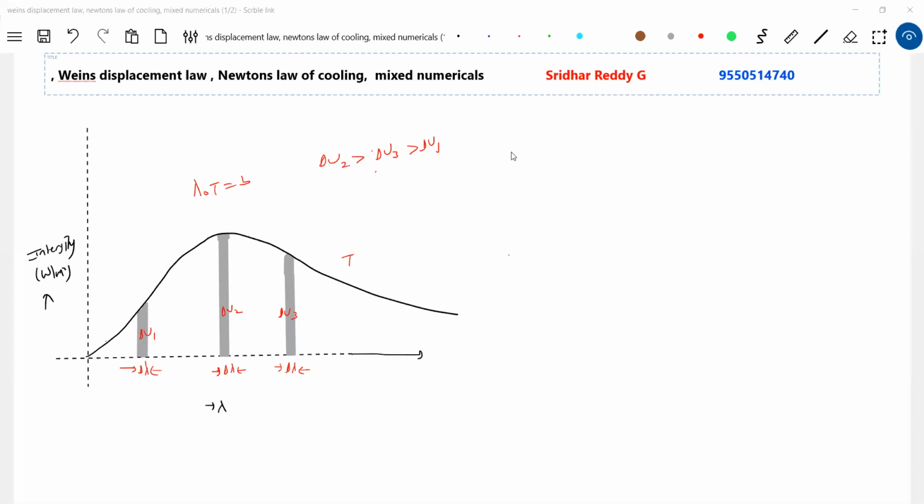If you consider an equal width delta lambda, then the region corresponding to the wavelength of maximum intensity will possess more energy because the area under the curve will be more. So for the intensity versus wavelength graph of any body, I can say the area under the curve is what I'm picking up. This is for a given body.